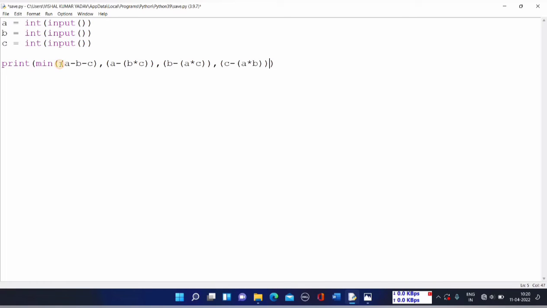Yeah, so I guess it's enough now. Print minimum of values 1, 2, 3. Let me just check the brackets because that's the most important thing where we might make a mistake. Okay, now it's complete, I guess. Now let me run this.